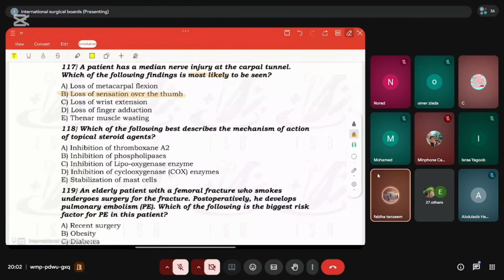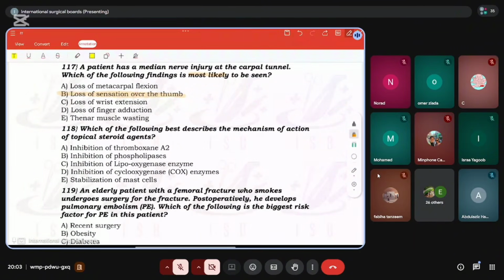Sorry, can I interrupt, please? Yes, Fabio. In terms of sensation over the thumb, there is a portion where the radial nerve is checked in regards to sensation over the thumb. So how do we realize whether it's median or radial in terms of option B? In option B, they told you there's loss of sensation over the thumb. They did not specify which part of the thumb should be lost.